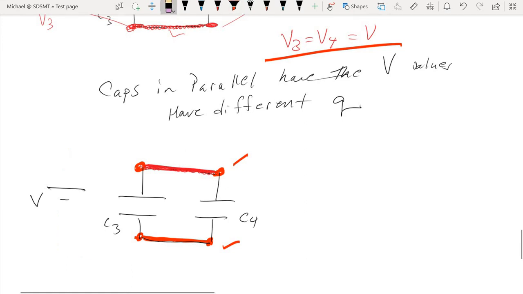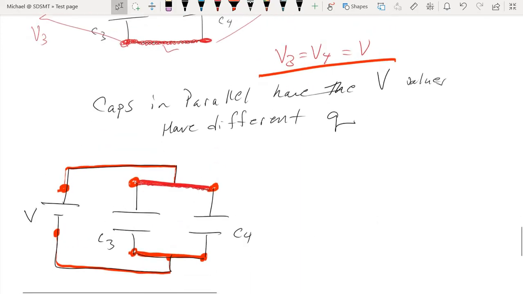If I were to get rid of the battery entirely, well, those capacitors no longer have the potential of the battery, but they do still share the same common potential value. So that is a very important distinction to make. We're just using this for our initial discussion so that we have some numbers that we can work with.